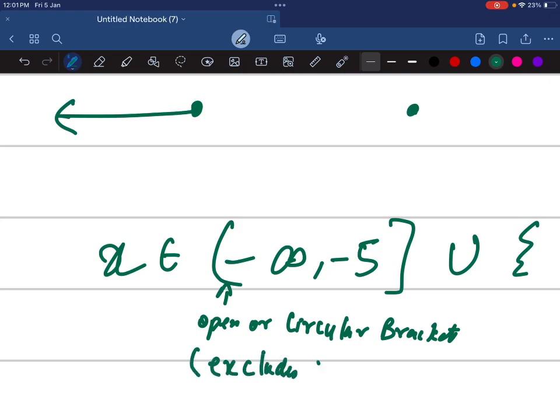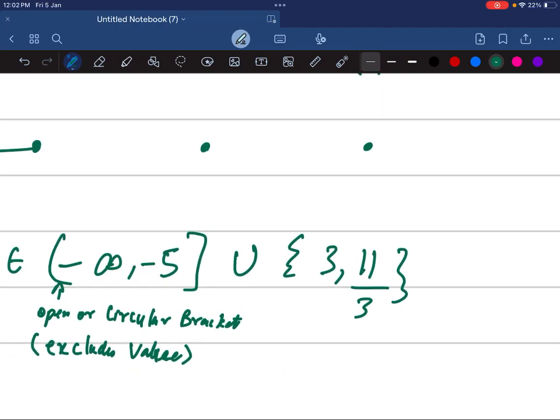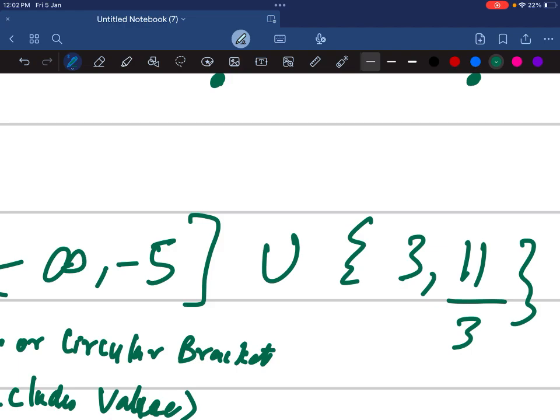Whatever value is across that, we're not going to take it. Of course, infinity is a state we cannot reach, so we exclude that value, right?